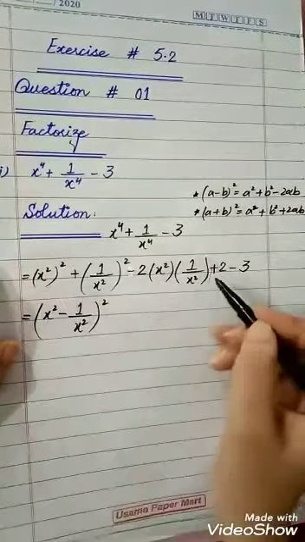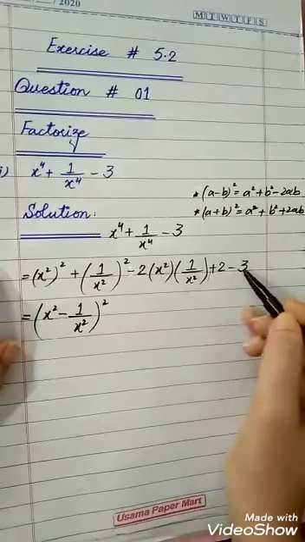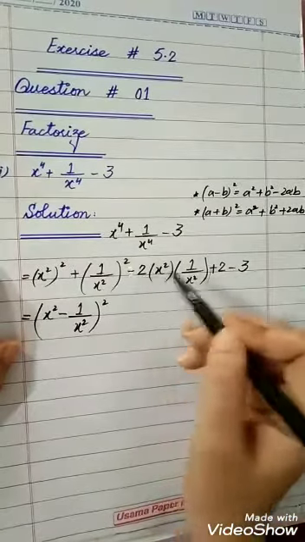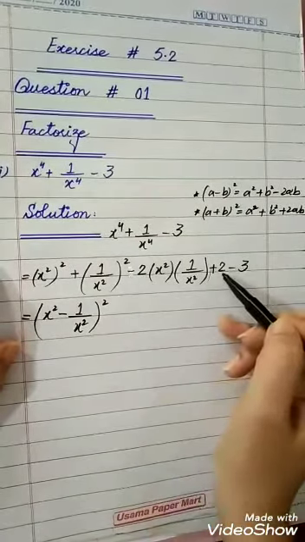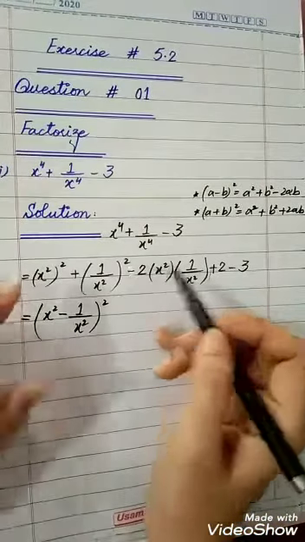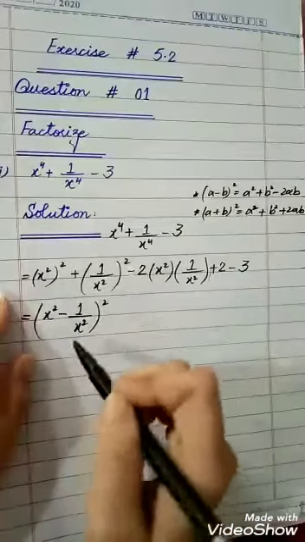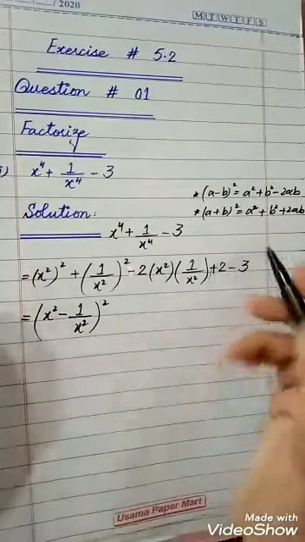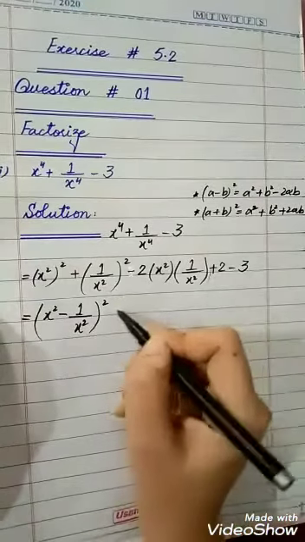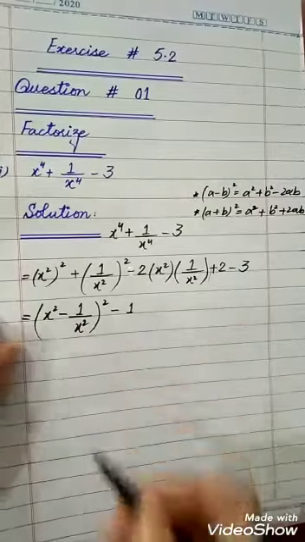Now plus 2 we have added by ourselves, minus 3 we have taken, minus 2 we have added to make the formula, that's why we have added plus 2. Now this is cancelled, minus 2 is used, this whole term is used in this formula, means it is the closed form. Now just these two terms are left, and if we subtract them, then we get the answer minus 1.